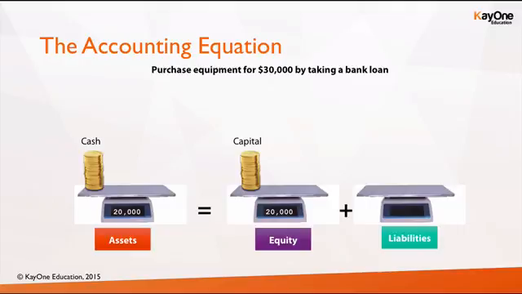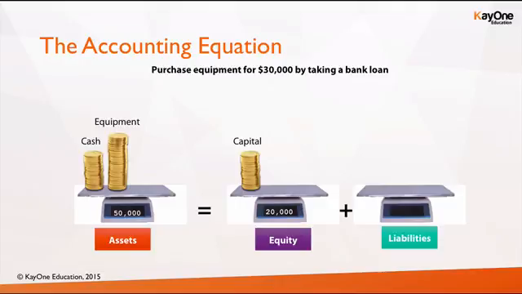Next, let's assume that you purchase equipment worth $30,000 by taking a bank loan. Since equipment is an asset, you own that equipment from the business perspective. On the asset side, equipment goes up. The value of equipment comes in, and therefore your total assets increase from $20,000 by $30,000, and you have total assets worth $50,000.